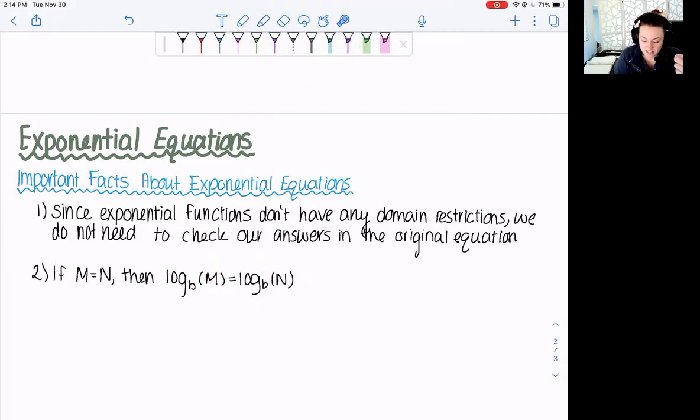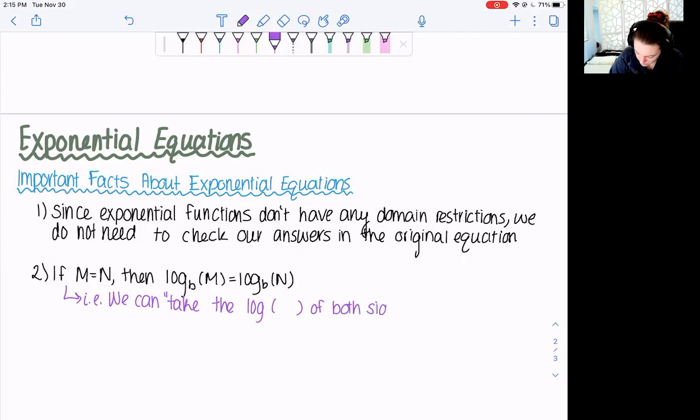This is the reverse direction of it, saying if two things are equal, you can essentially take the log of both sides. This is going to come in handy. It's going to come in very handy.